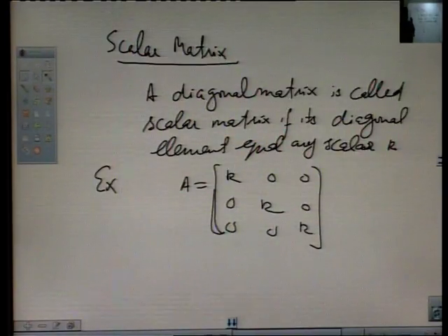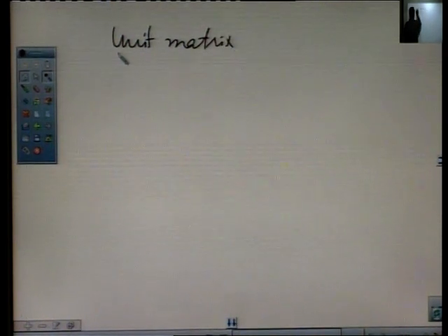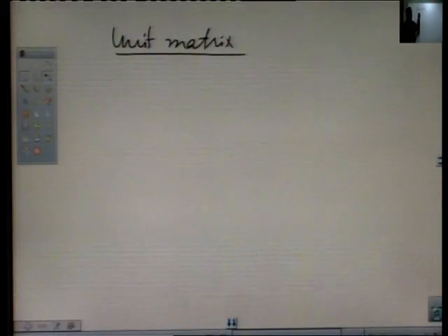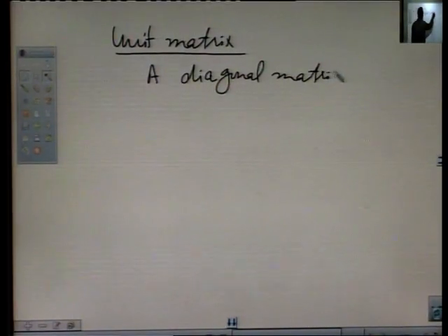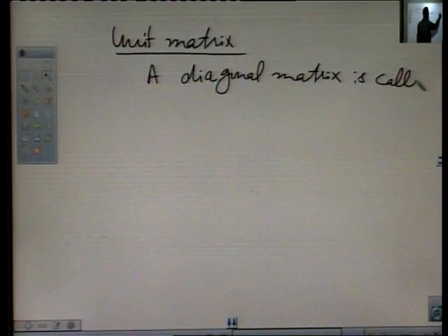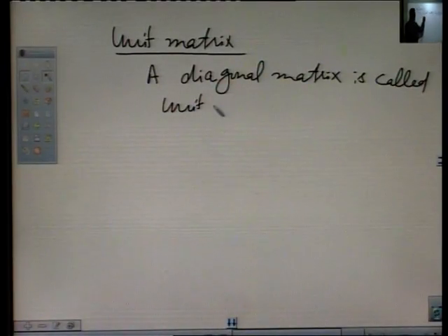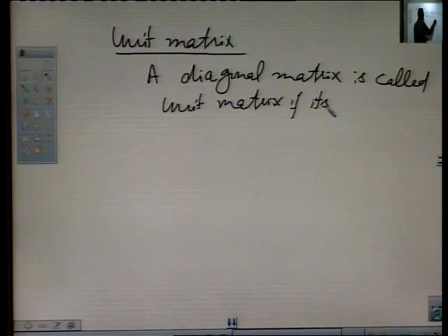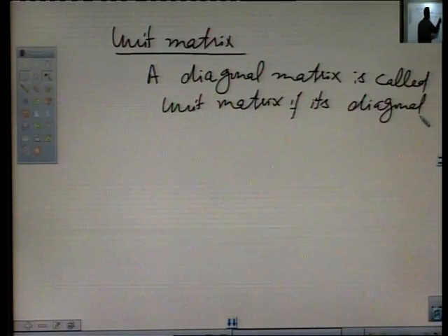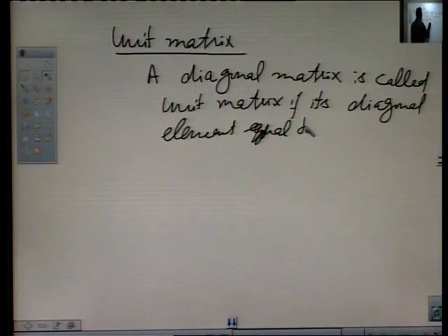And next is a unit matrix. A diagonal matrix is called a unit matrix if its diagonal elements are equal to unit, meaning 1.